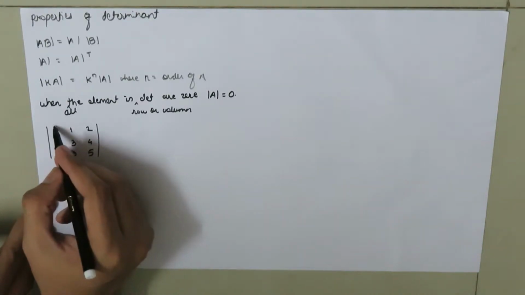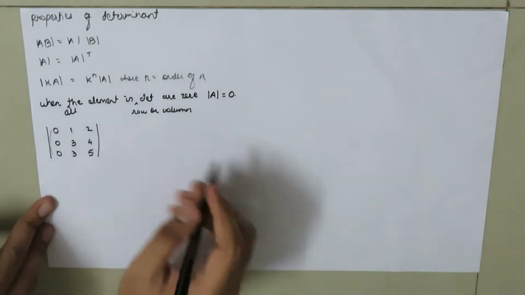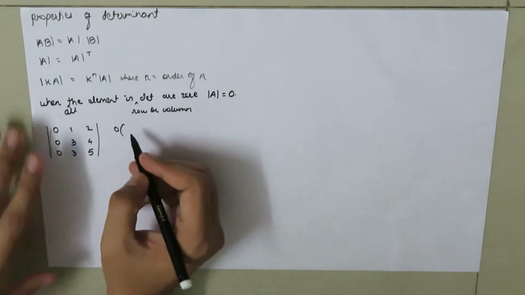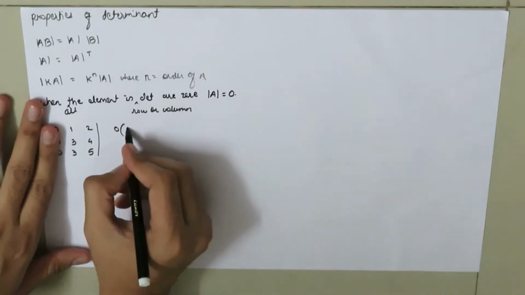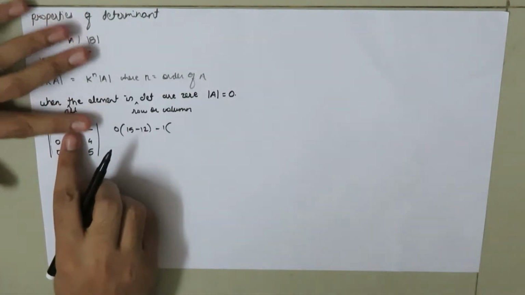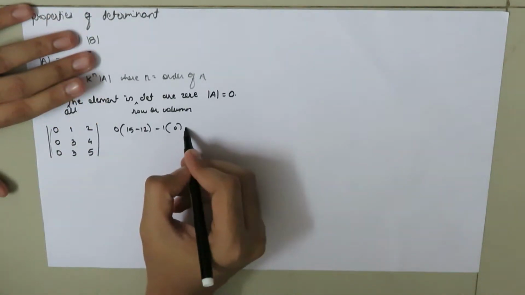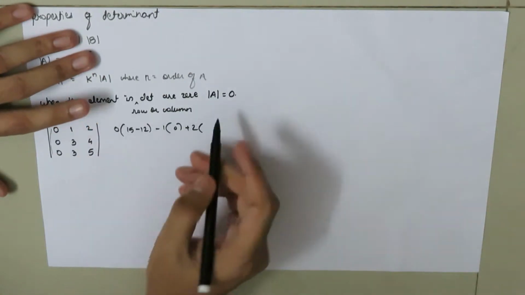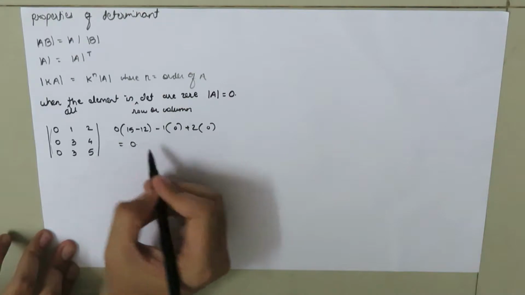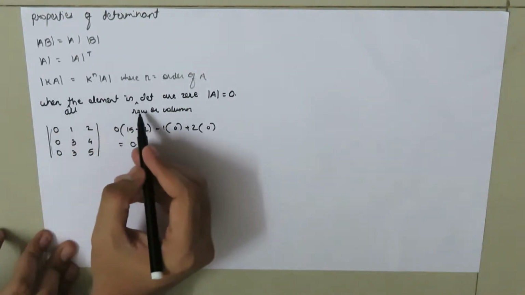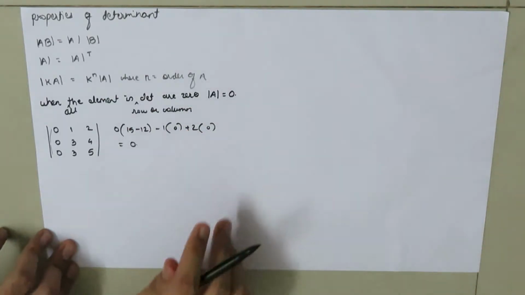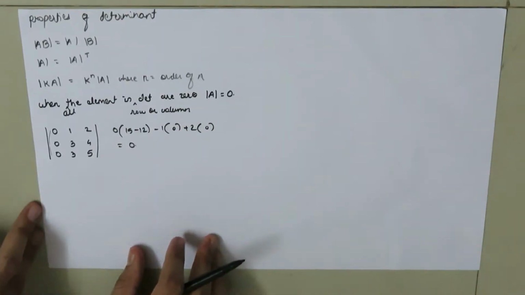So here all the elements in the first column are 0, and let's find the value of this determinant. So here we have 0 times, this is 5 3s are 15 minus 4 2s are 12, negative 1 times 0 plus 2 times, this will also be 0, and the value of this determinant is 0. Means when all the elements in the row or column in the determinant are 0, then the value of the determinant is also equal to 0.